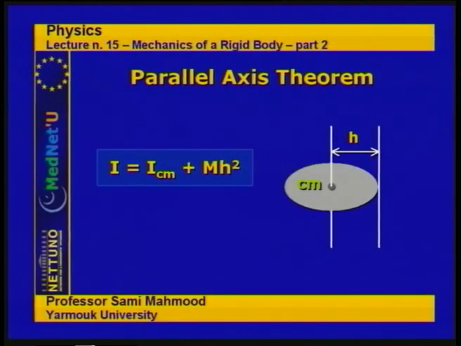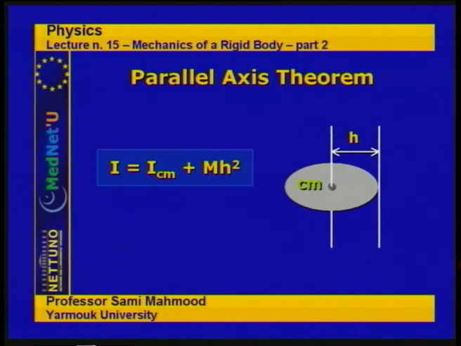If these two axes are a distance h apart, where h is the perpendicular distance between the two axes, then the moment of inertia with respect to the new axis is equal to the moment of inertia with respect to the axis going through the center of mass plus M h squared, where capital M is the mass of the rotating object and h is the distance between the two parallel axes.